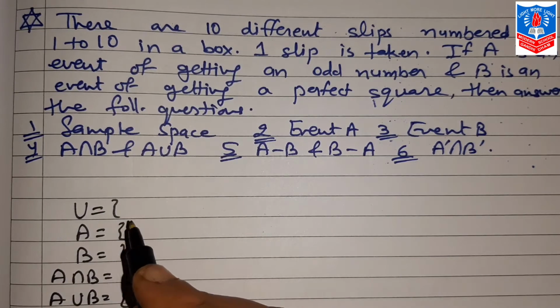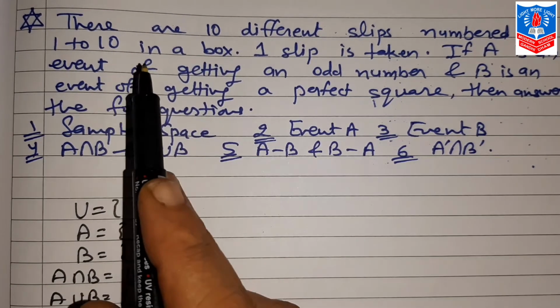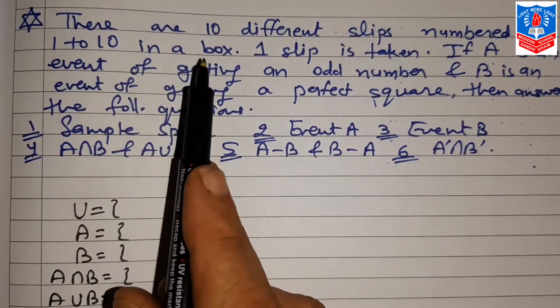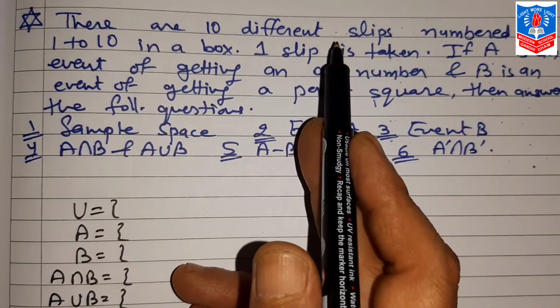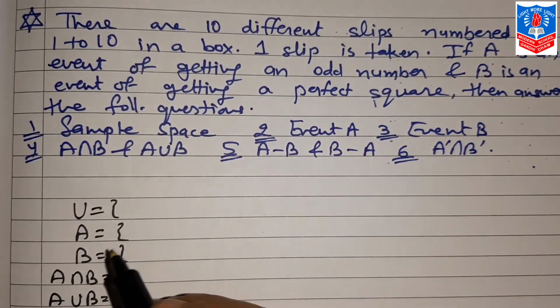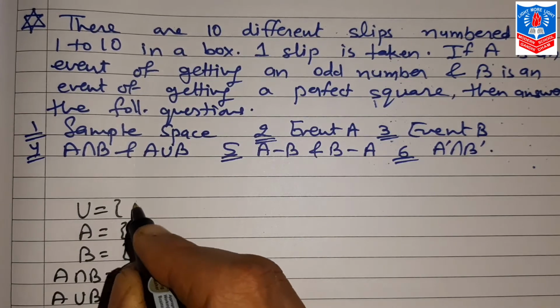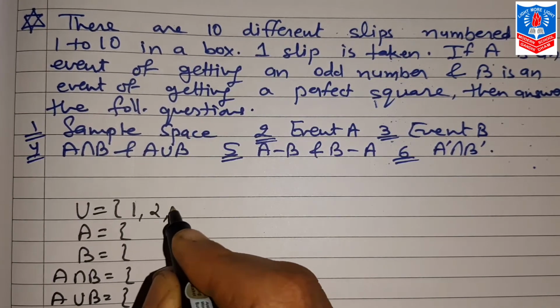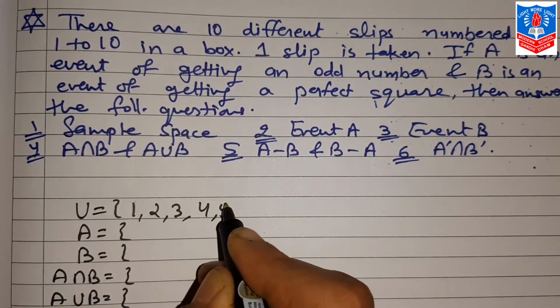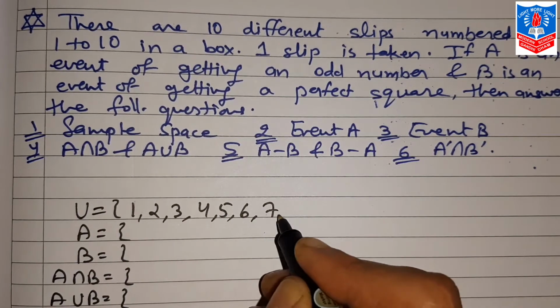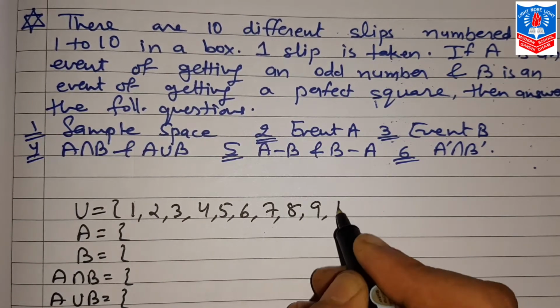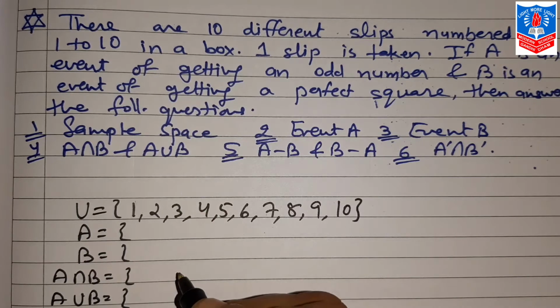So U, that is from 1 to 10, numbers are written on slips. So your U will be 1, 2, 3, 4, 5, 6, 7, 8, 9 and 10.